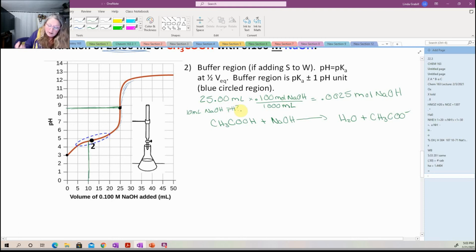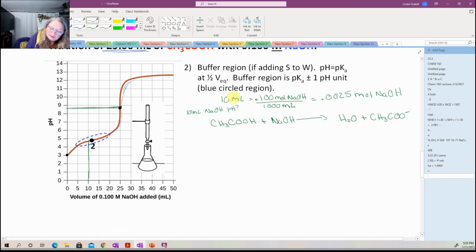Okay, so now we need to do the one arrow. We need to figure out how much of the carboxylic acid was used, and then we can get to our moles of both our weak acid and our weak base and go from there. So instead of 25 mils of my sodium hydroxide, this one here is going to be 10 mils.